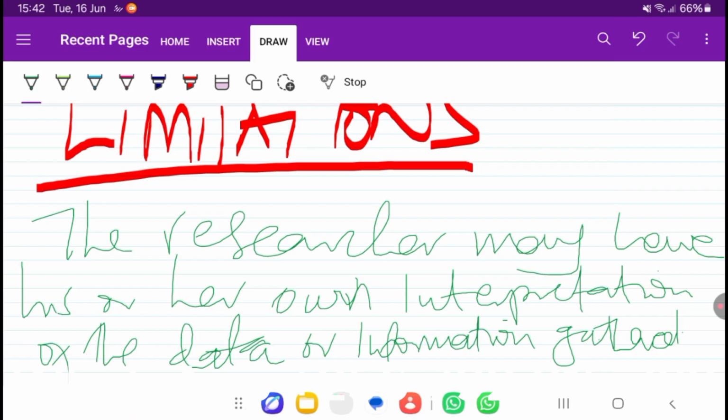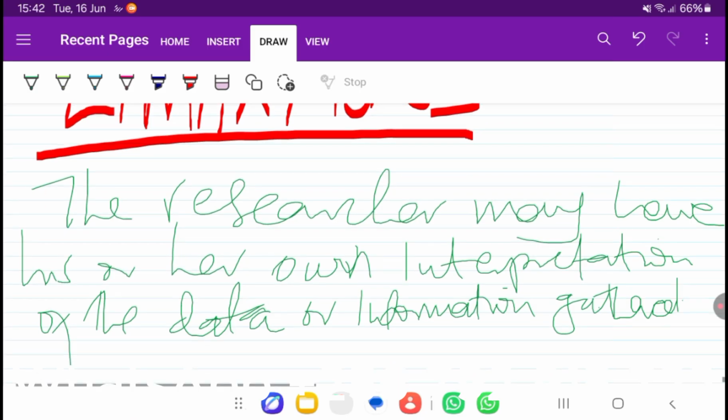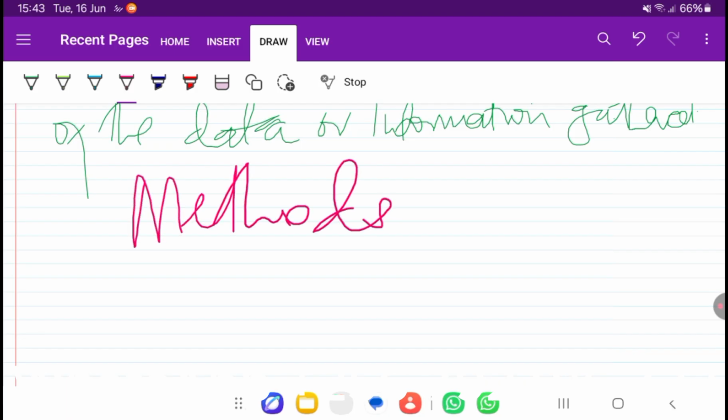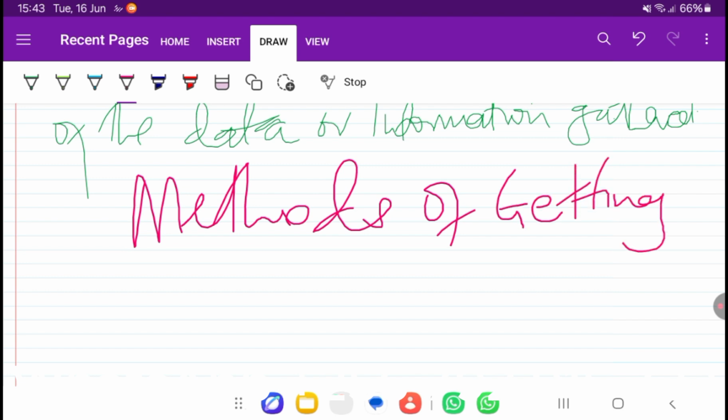So that's basically what we can talk about as far as the types of data are concerned and as far as primary data is concerned. So maybe we can talk about the methods of getting primary data.